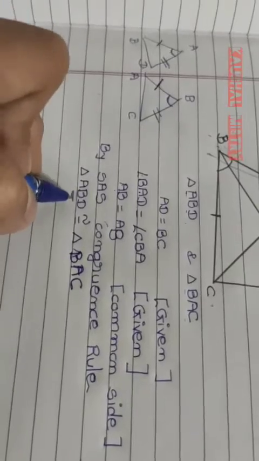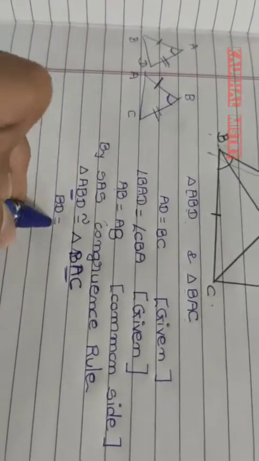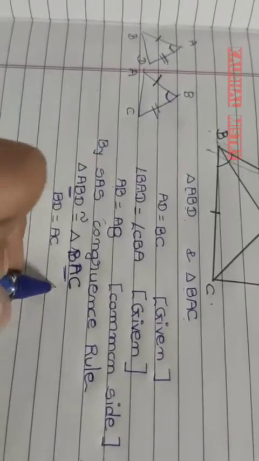Now we can see that BD is equal to AC by CPCT rule.